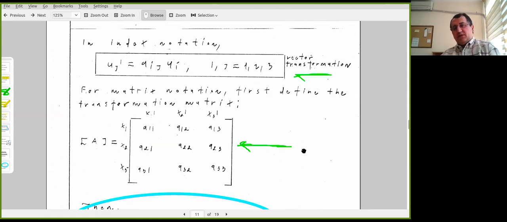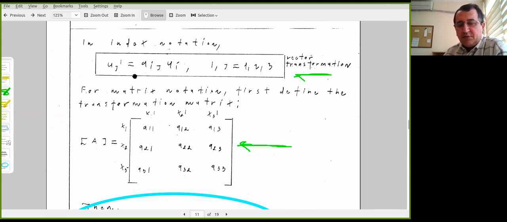And a vector, if you have a quantity comprising 3 entries, it can be defined as a vector only if it obeys this transformation formula.